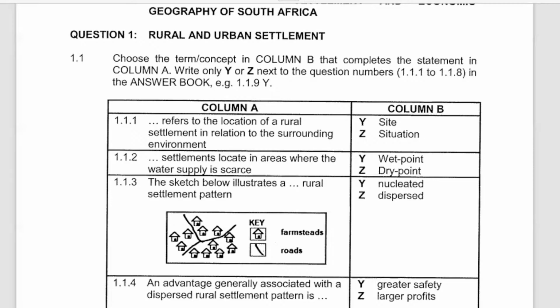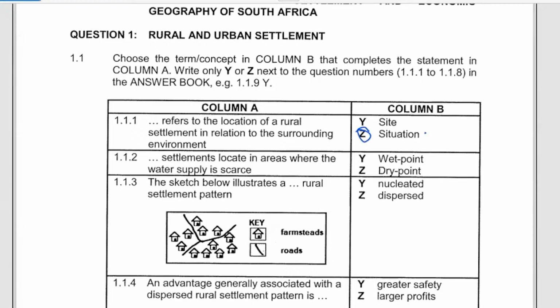When we are looking at the location of a settlement in relation to the environment, that is the situation of a settlement. That situation, if we are relating how a settlement relates to the surrounding environment, that is situation. Right. For a site, we are looking at the exact ground on which a settlement is established.